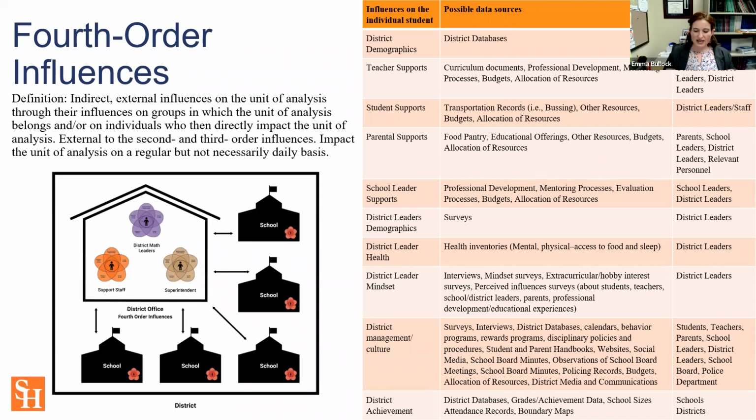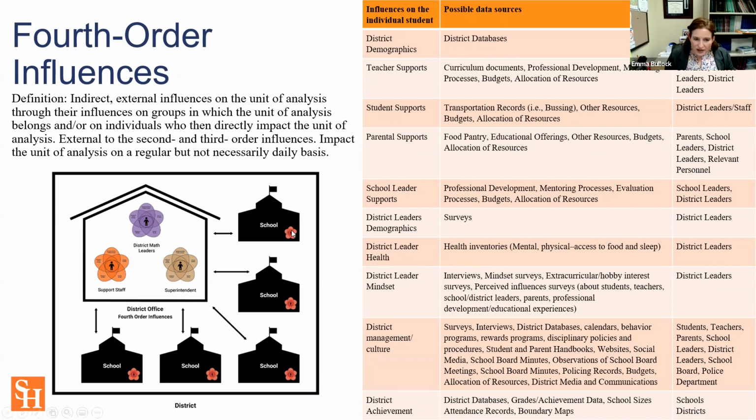In other words, these influences are influencing the groups that our unit of analysis is in, not necessarily directly onto our individual student itself. And so we think of them as being external to second and third order influences, and they impact the unit of analysis on a regular but not necessarily daily basis.